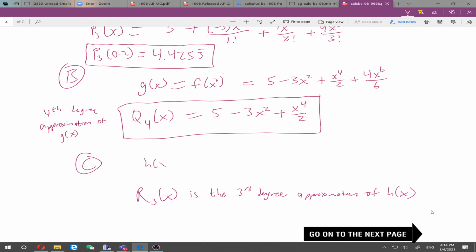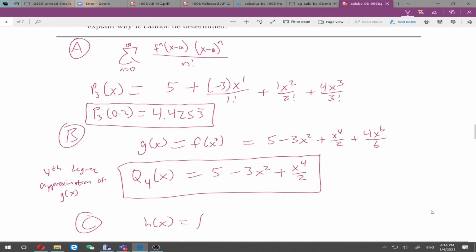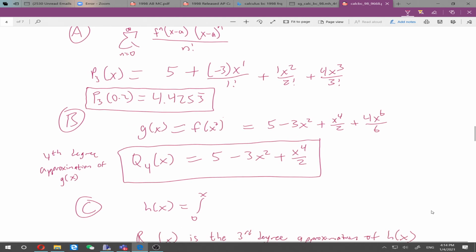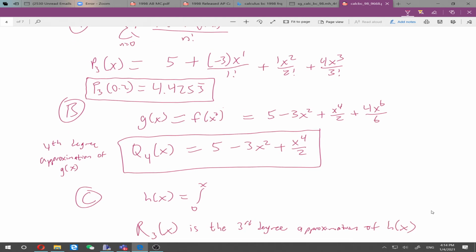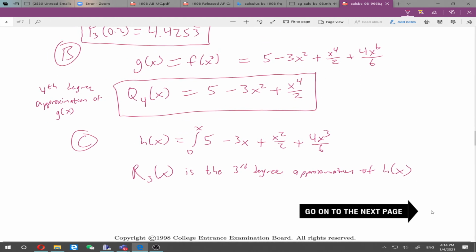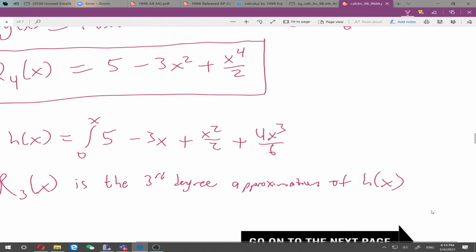Then h of x, they told us, was equal to the integral from 0 to x of f, where f was estimated as this. Okay, so starting there, Kyle, what's going to happen when we integrate?